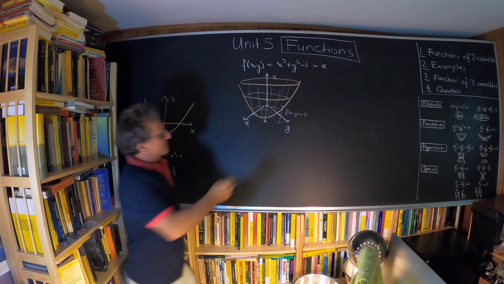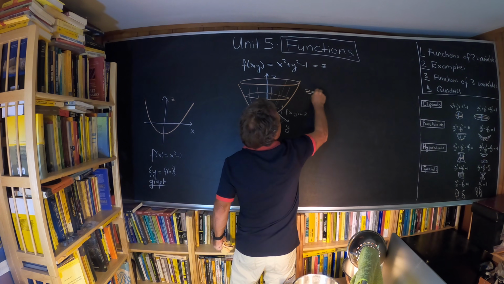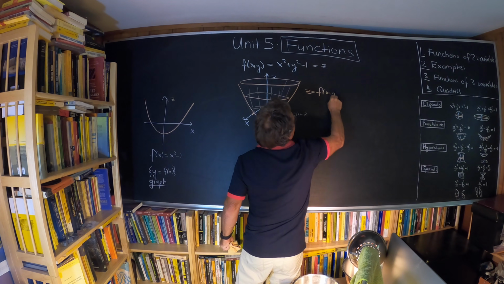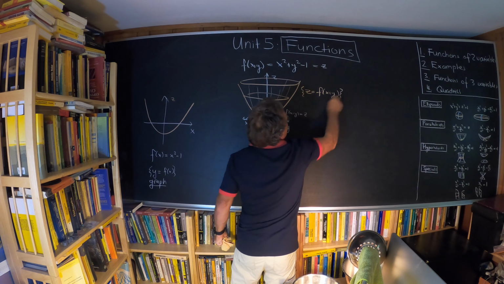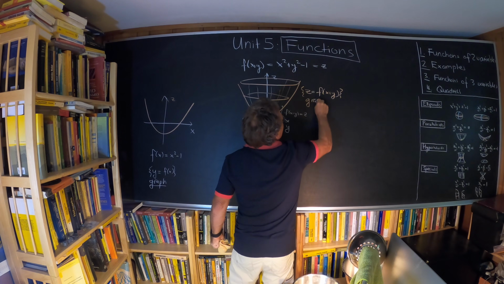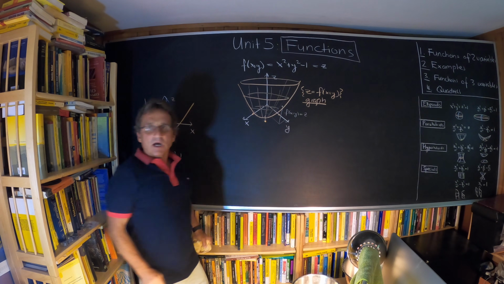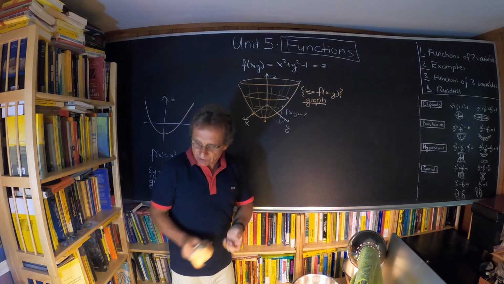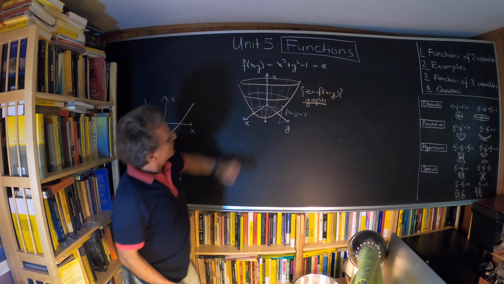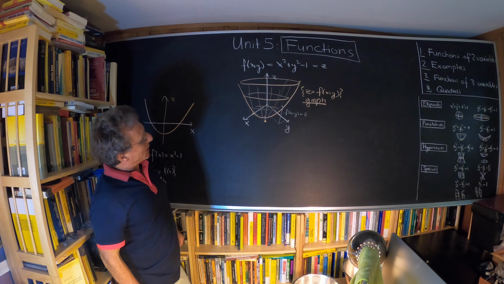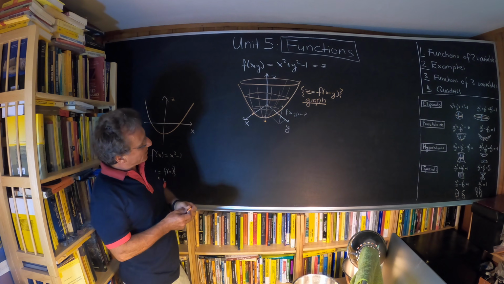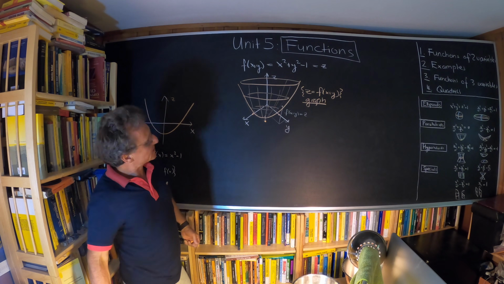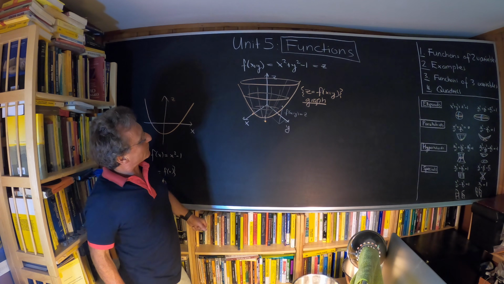And this is called the graph. Now in general this is difficult to draw, and we have a graphing calculator or Mathematica, which can do that very well. So that's one possibility how we can visualize the graph.